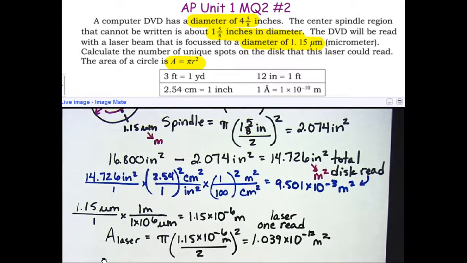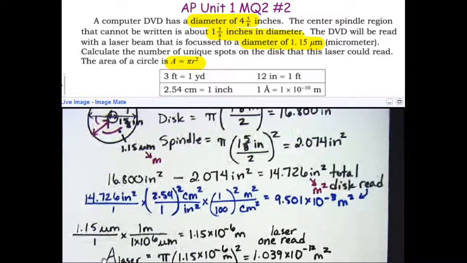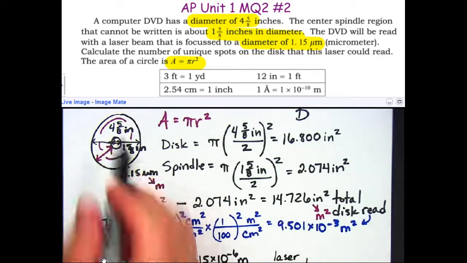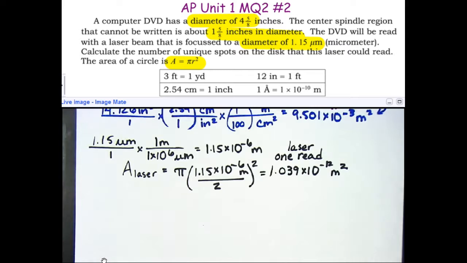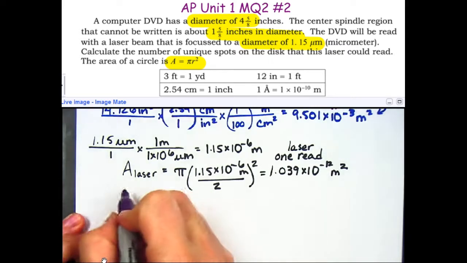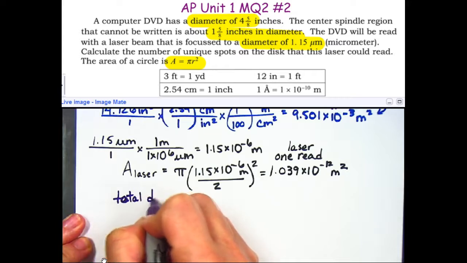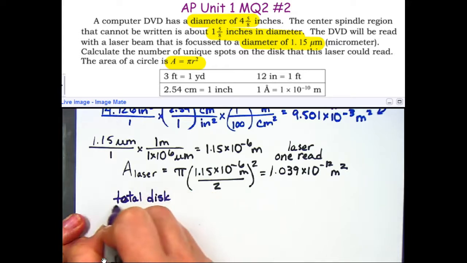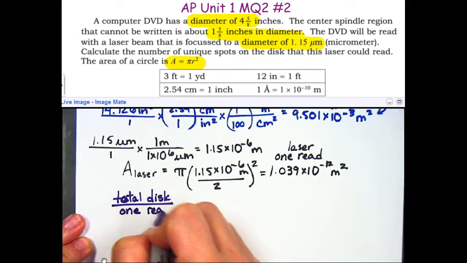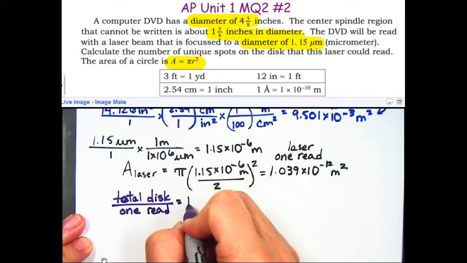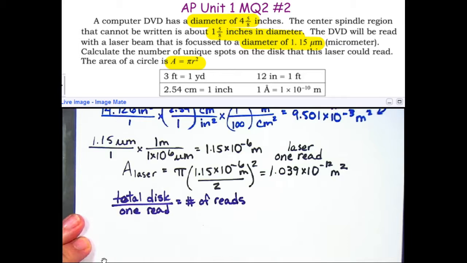So now, if I want to know how many total reads can be made on this disc, basically you're looking at a whole divided by the part. And so I want to take the total disc and divide it by the space of 1 read, and that's going to tell me the number of reads that we can have on the disc.